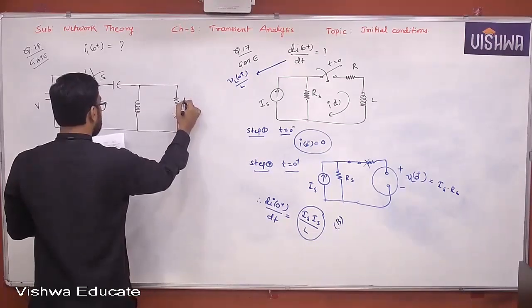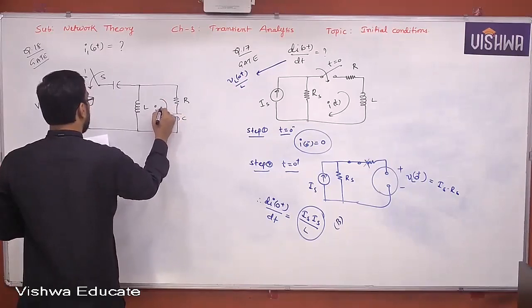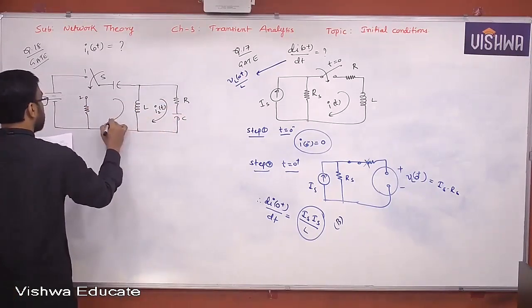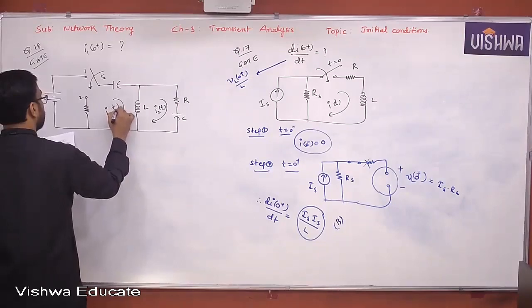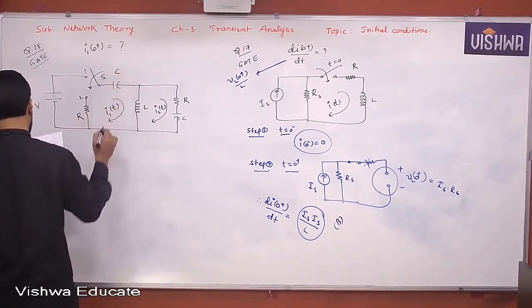This is C, this is capital R, this is L, this is I2 of t, this is I1 of t, capital R, and this is C.